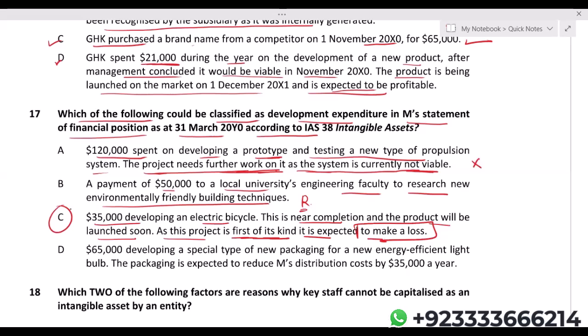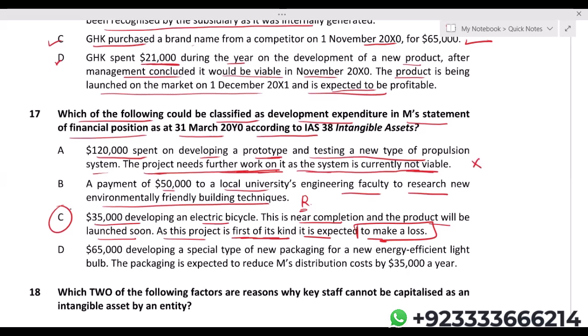Here they are not talking about economic benefit, they are saying something else, that there will be a loss. So as this project is first of its kind, it is expected to make a loss. So we are saying no. All the criteria are not met, because IAS 38 says you should be able to demonstrate how you will get the economic benefits, rather than telling us that you are going to have a loss.